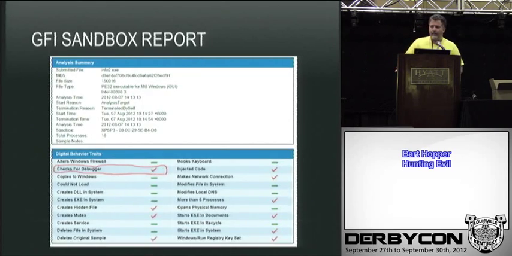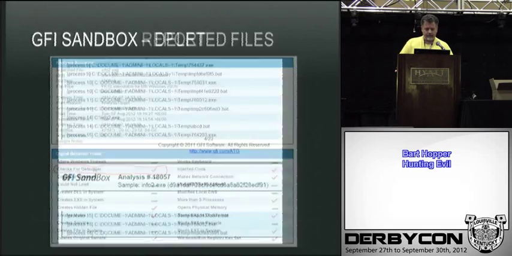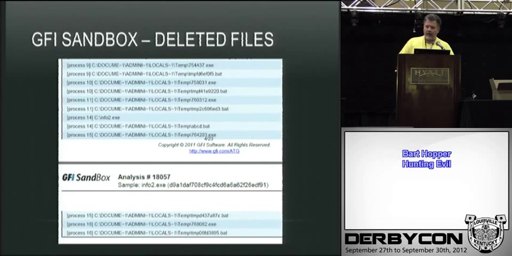But I wanted to show you a sample of the GFI sandbox, and you can see that this specific malware, which was a copy of Zeus, checked for the debugger. You can see whether it creates additional windows, drops EXEs, or starts other processes. You can see the individual files that it's deleted.